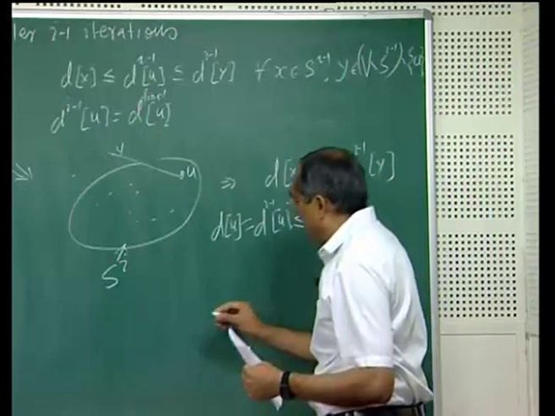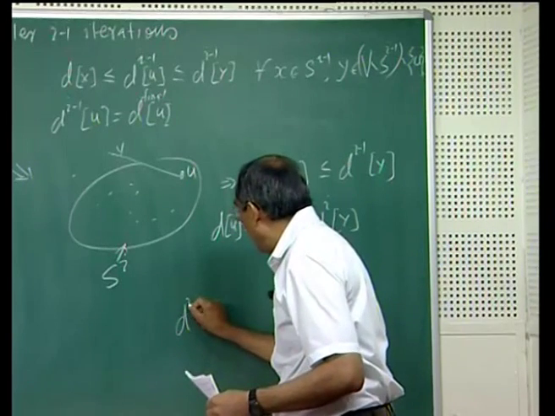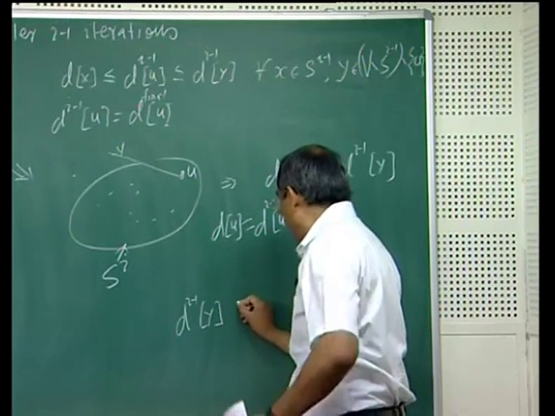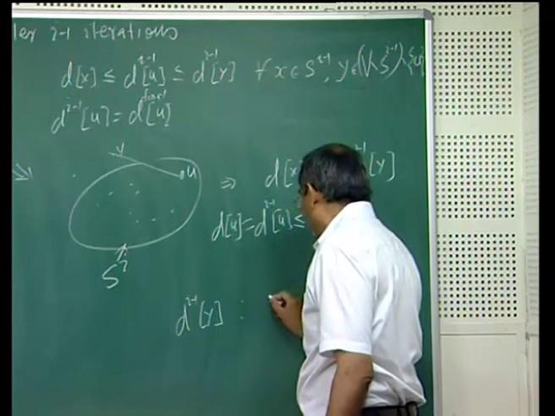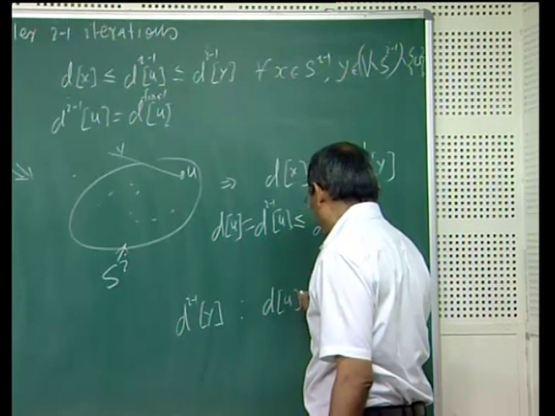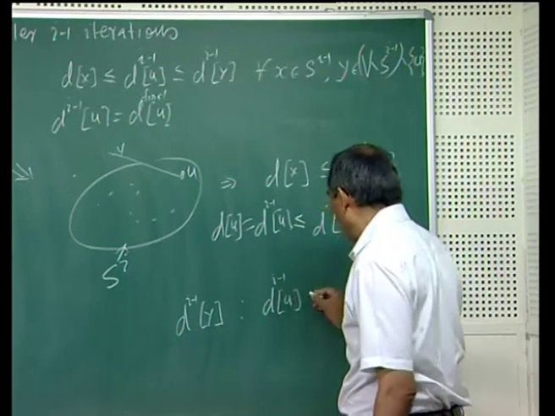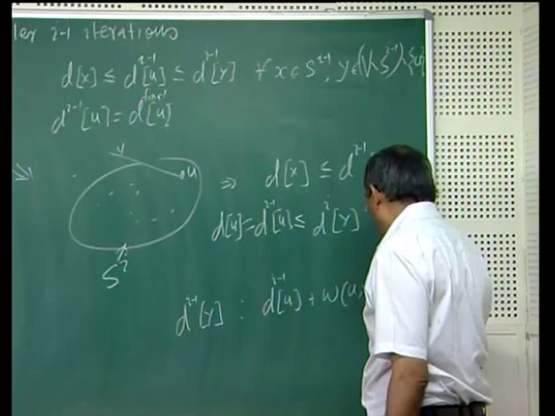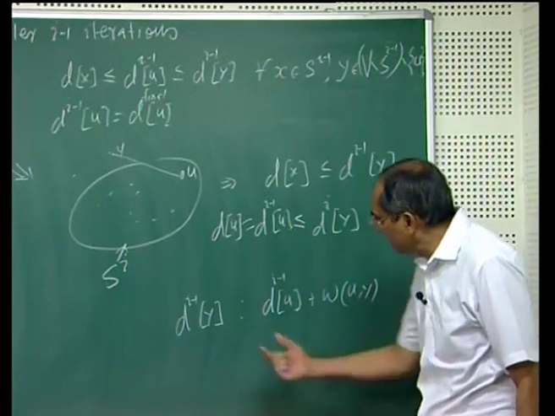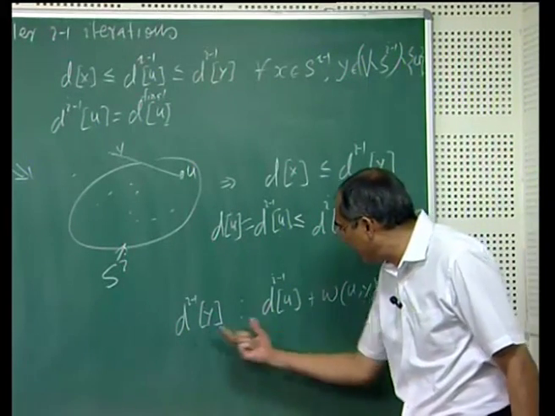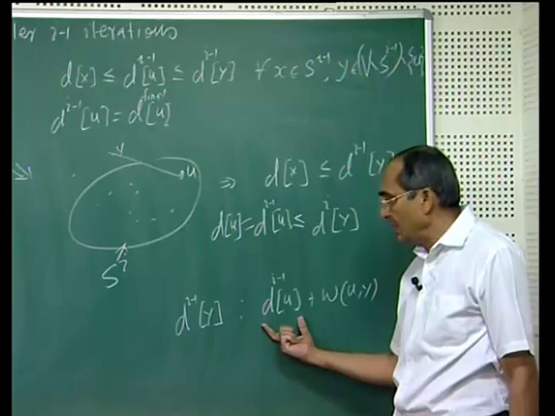We compare the d_{i-1} of y with d of u, or d_{i-1} of u, which is same, plus weight uy. If this is greater than this, we do nothing, but then this is greater than or equal to this value.